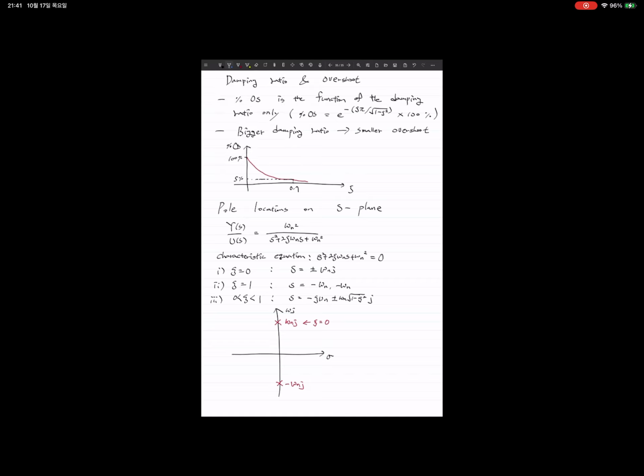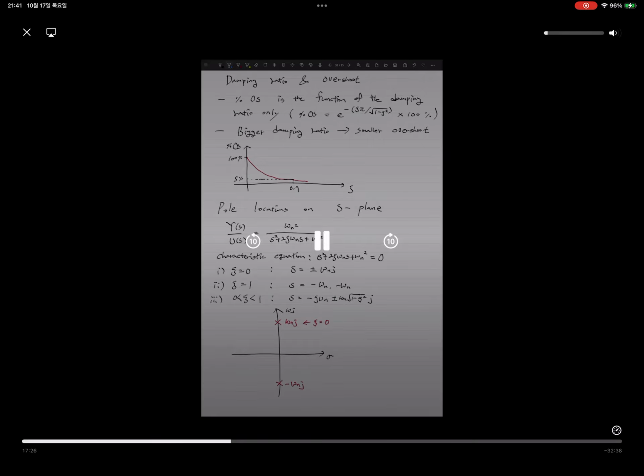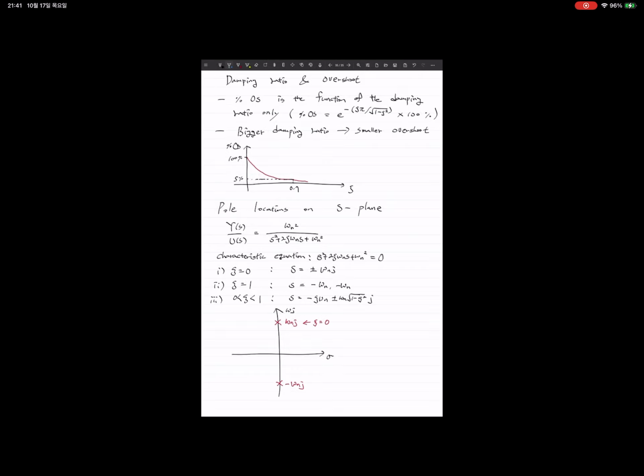And when zeta is 1, critically damped system, the pole location is on the real axis, and which is repeated pole.